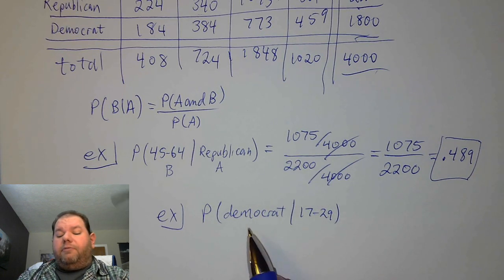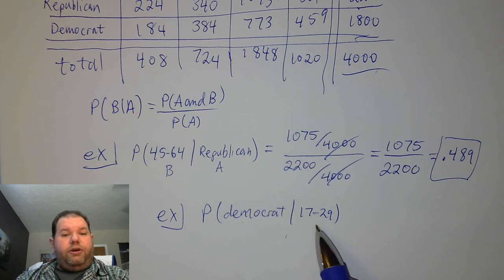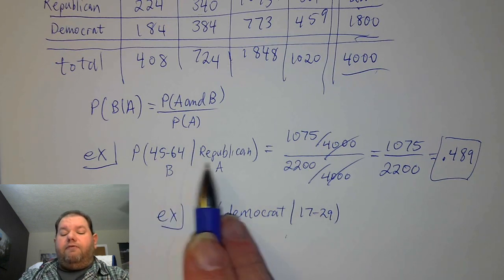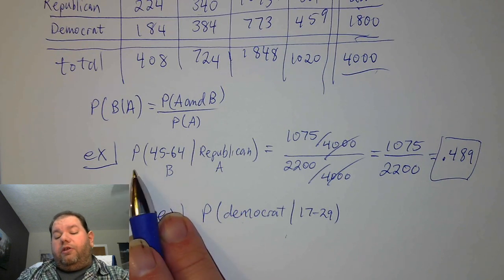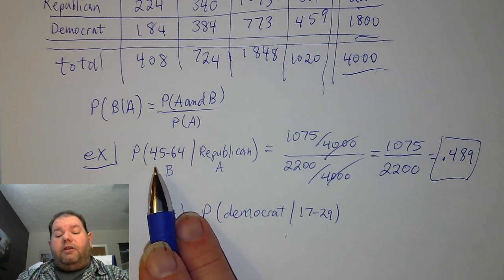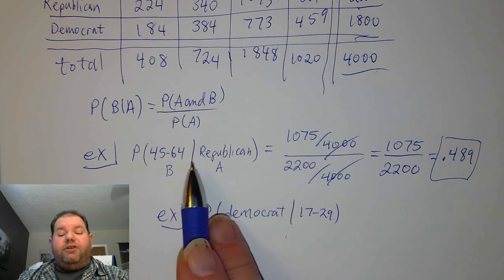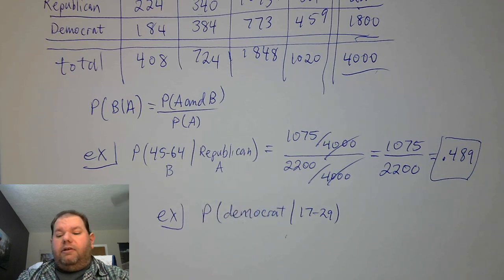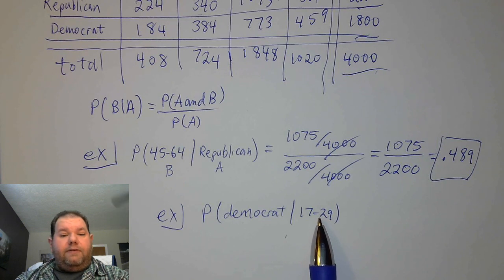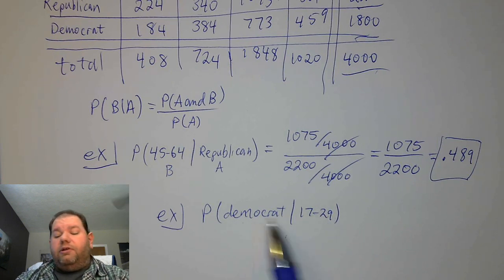So we're finding the probability that someone is a Democrat given they are in the 17 to 29 age range. The previous one was the probability that someone was in the 45 to 64 age range given that they were a Republican. So it changes which one we assume. This time we're assuming the age is a certain range, and we want a prediction about the political affiliation.